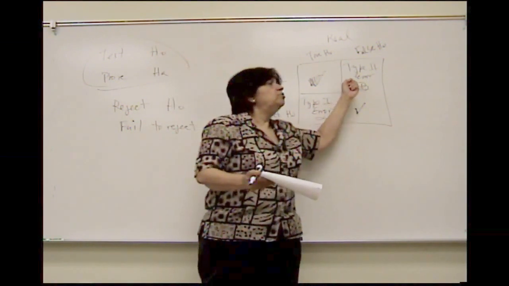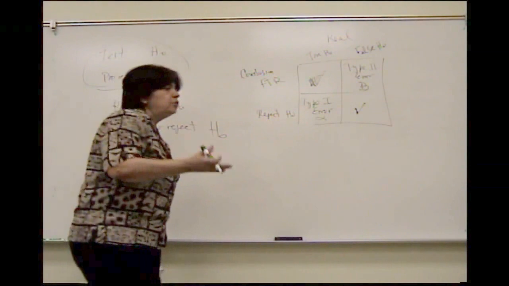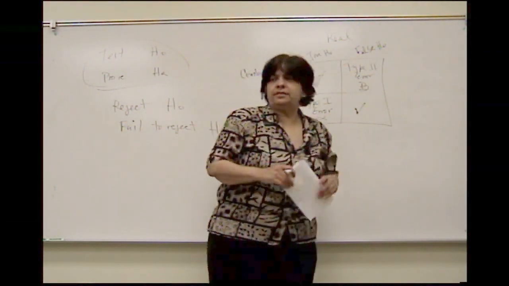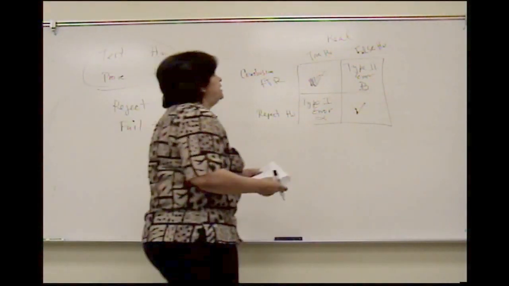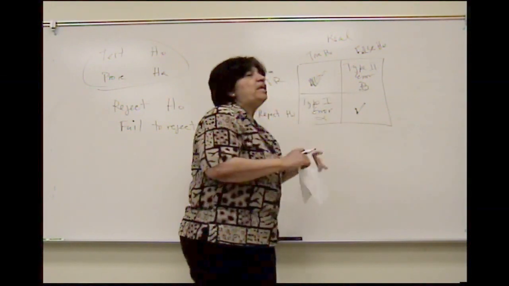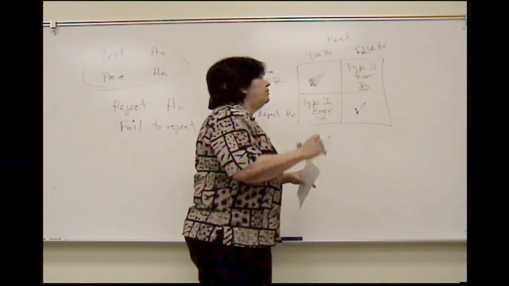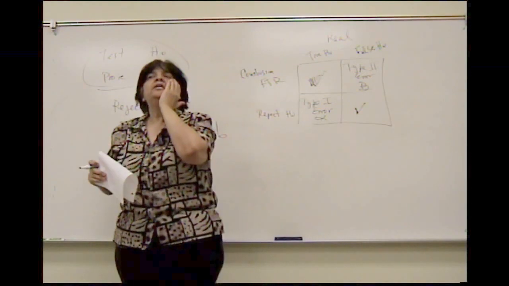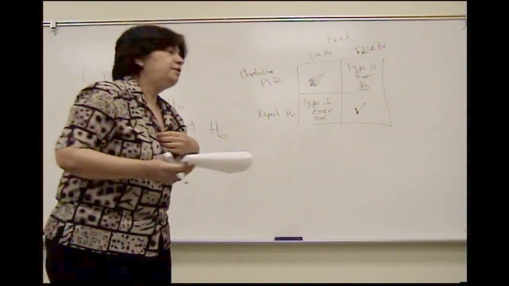Another way to decrease beta is by increasing the sample size or making sure that the variances among the populations are equal. What is important is that these are the errors that we may have when we do hypothesis testing. The researcher has control over alpha, and alpha is nothing but the complement of the confidence level.